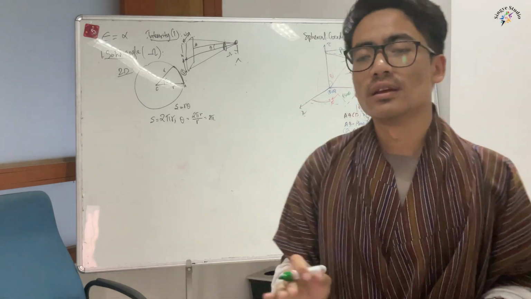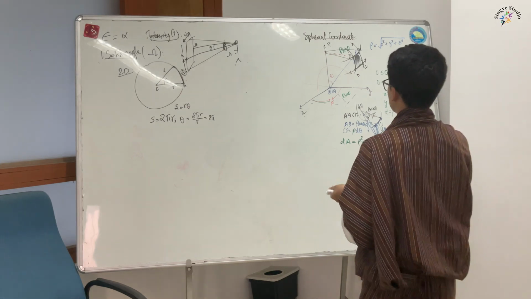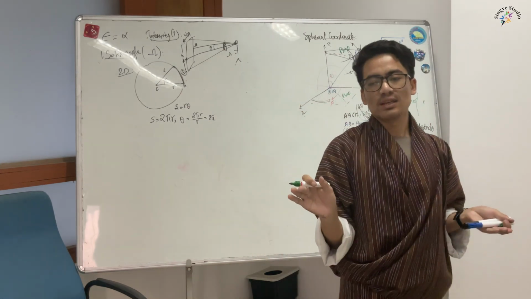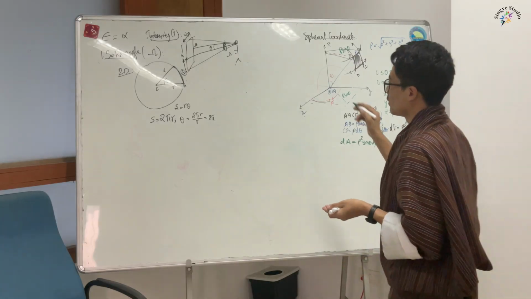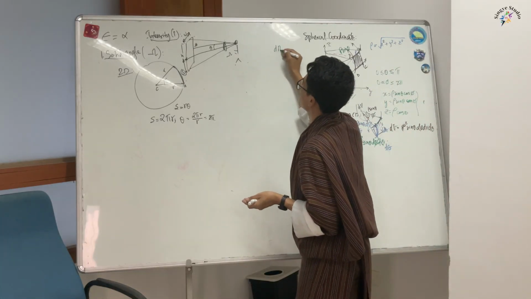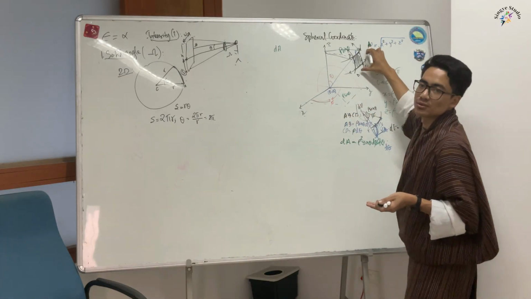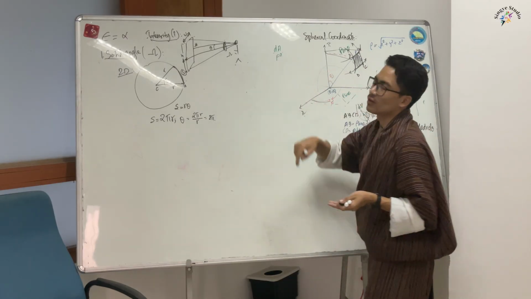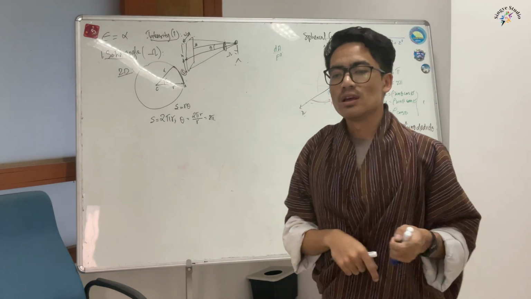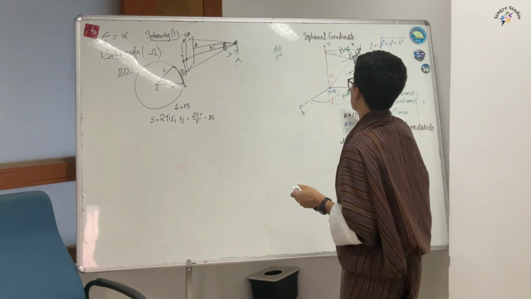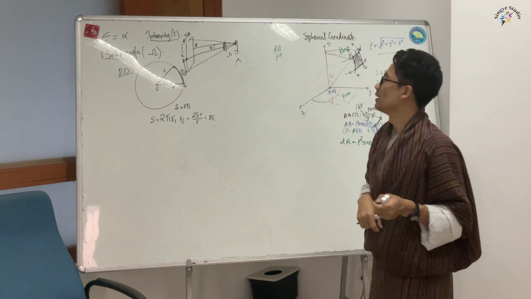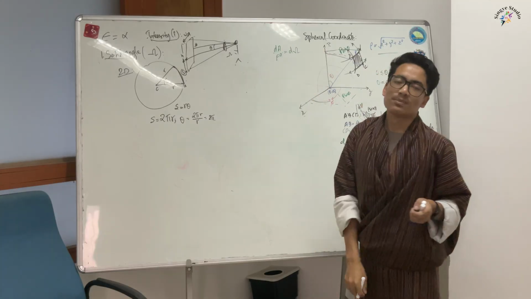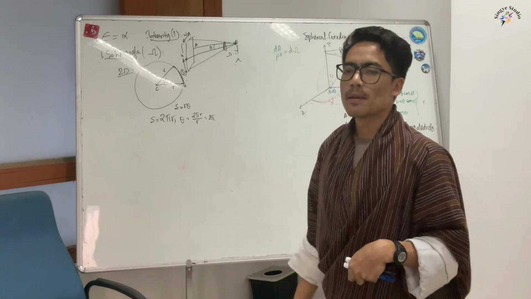Now, what is the geometrical interpretation of the definition of the solid angle? The solid angle is the ratio of the elementary area dA, the patch area that you get, divided by the square of the radius of the sphere. So in 3D, the radius of the sphere is exactly rho, right? So when you divide this, you get the expression for the solid angle.